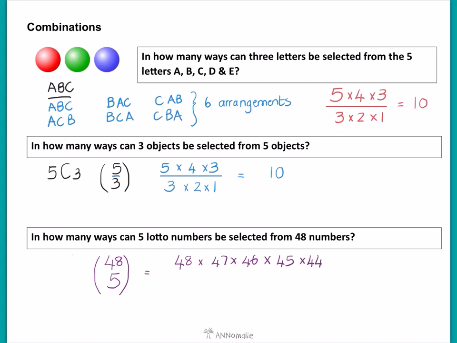That's the number of arrangements of 5 lotto numbers. But now we have to divide through by the number of arrangements of the 5 numbers. So how will we do that? Divide through, and the number of arrangements will be 5 times by 4 times by 3 times by 2 times by 1. And we can calculate that.